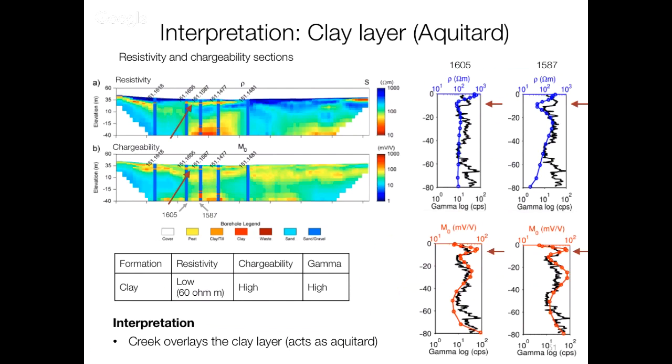What we've got for this layer is a region of low resistivity, high chargeability, and high gamma. So that's very likely a clay. They mention in the text that they're going to regard that clay unit as an aquitard. There's water, there's a creek or something just above there, and they're fairly confident to identify that as an aquitard.